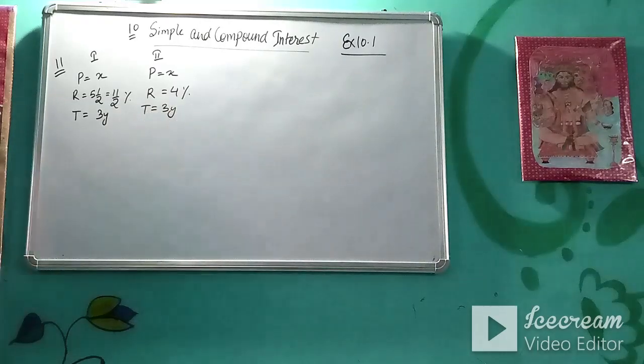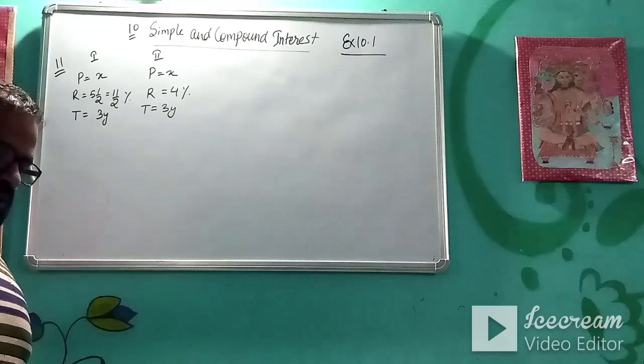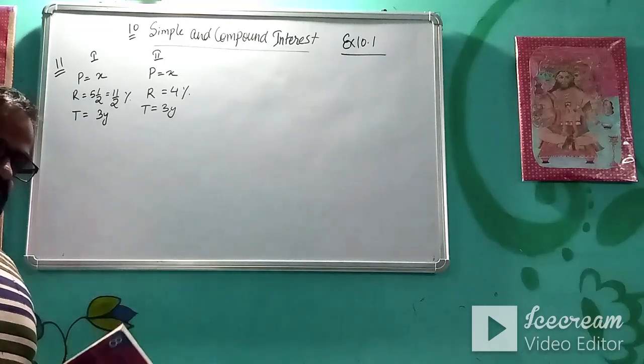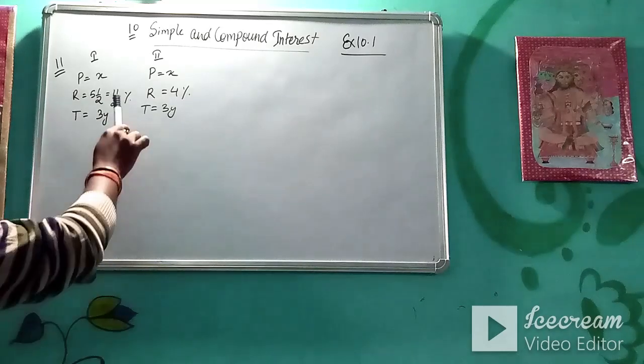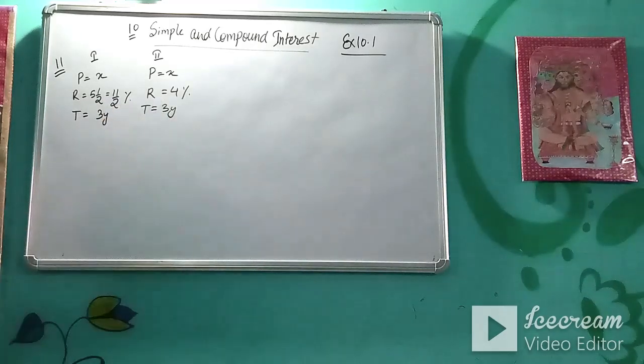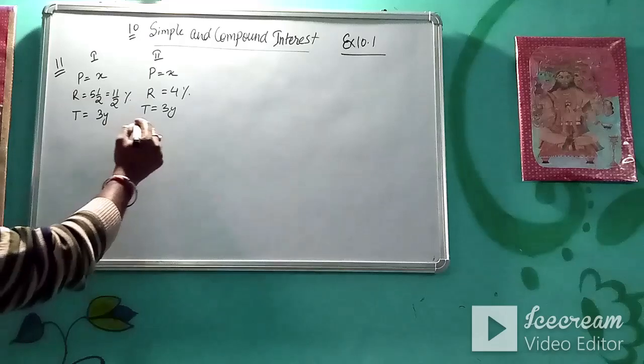Okay, now what condition is given? He earns 72 rupees more for the money lent. Since the rate of interest is more than the rate of interest in the second case, definitely here the simple interest will be more than in the second case. So what is given?